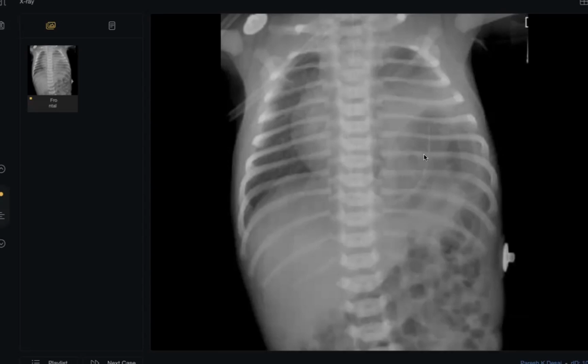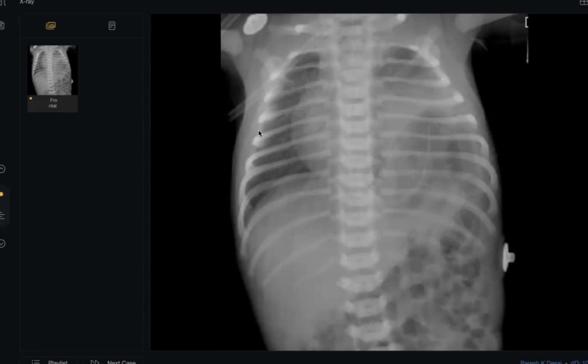Which type of diaphragmatic hernia do you expect this one? Sir, there are two types, anterior and posterior: Morgagni and Bochdalek. It is obscuring the heart and heart border as well, so it is likely Morgagni. Are you sure?